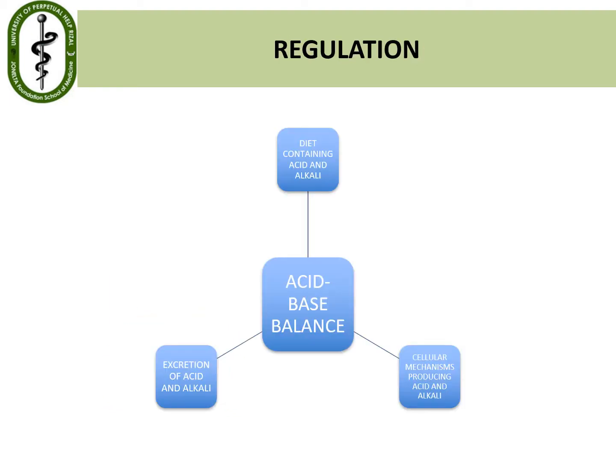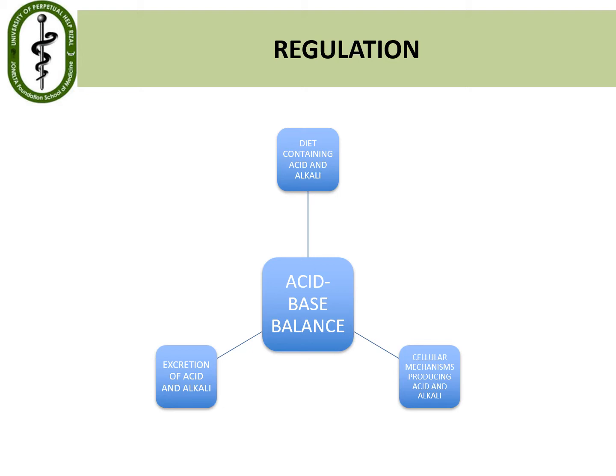The regulation of acid-base balance is influenced by the amount of acid or alkali ingested, the amount of acid or alkali produced by cellular mechanisms, and the amount of excretion of acid and alkali by the kidney.